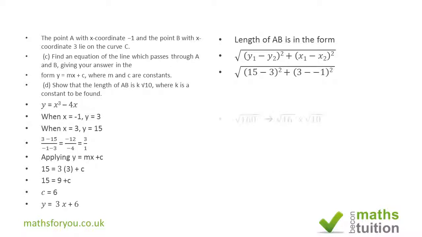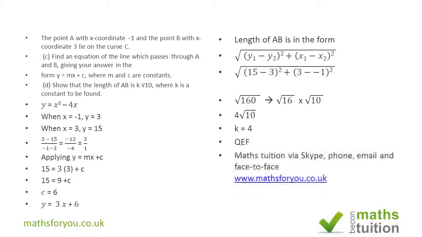When you add both, you get the square root of 160. We can break this down to the square root of 16 times the square root of 10. The square root of 16 is 4, so we end up with 4 root 10. So k is 4, as required.